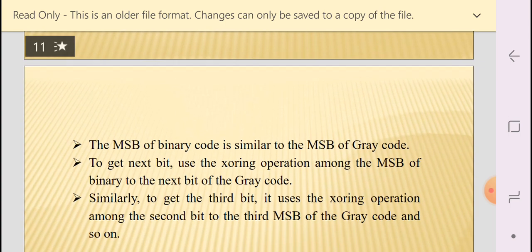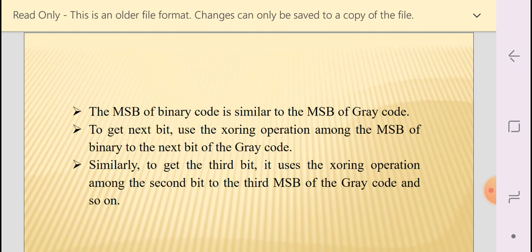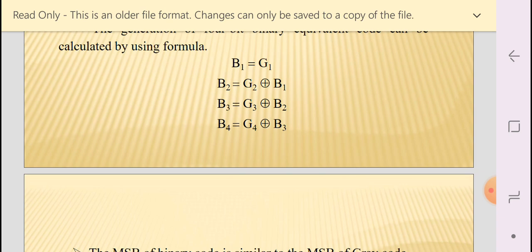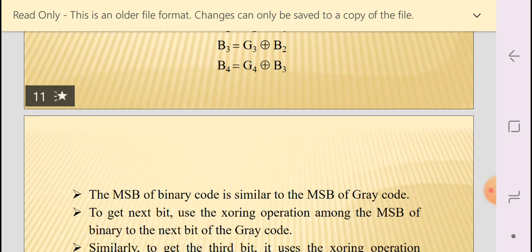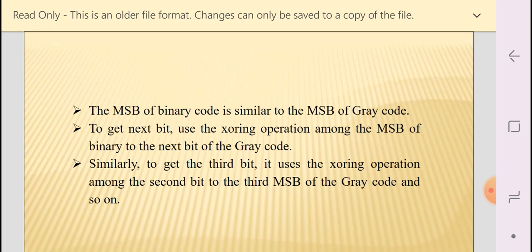Go to the next slide, that is the explanation of the previous slide that I am discussing. The MSB of the binary code is the same as the MSB of the gray code, that is, simply B1 equal to G1. To get the next bit, use the XORing operation between the MSB of the binary and the next bit of the gray code.